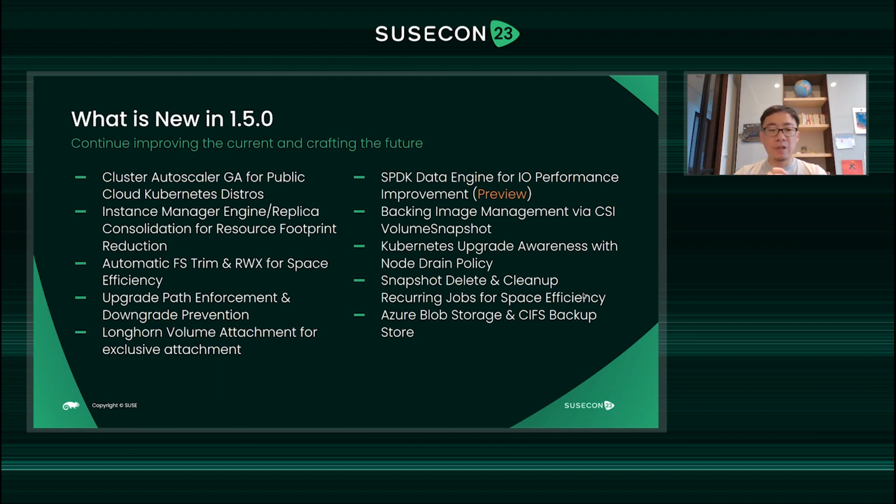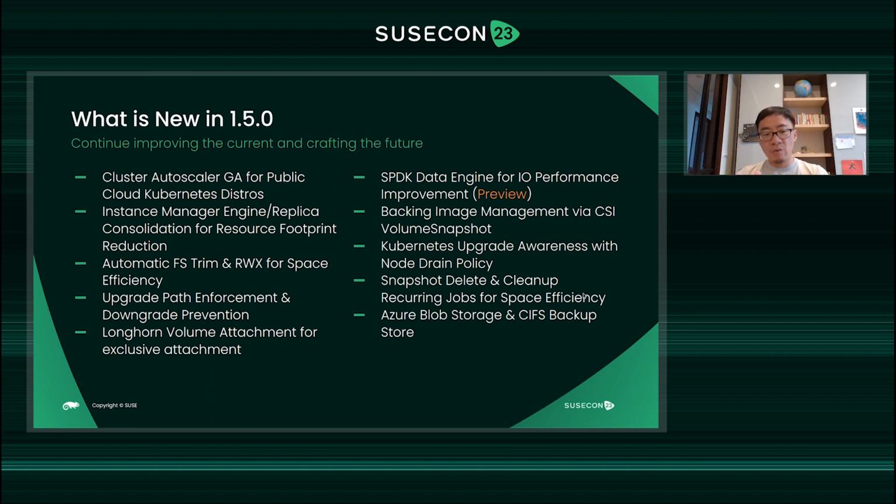Upgrade path enforcement and downgrade prevention. We want to make the upgrade path smooth without any surprising problems, especially if you do some cross-version upgrade. So upgrade path enforcement will make sure you upgrade from the right source version to the right destination version. And if the upgrade path is wrong, you will not be allowed to upgrade.